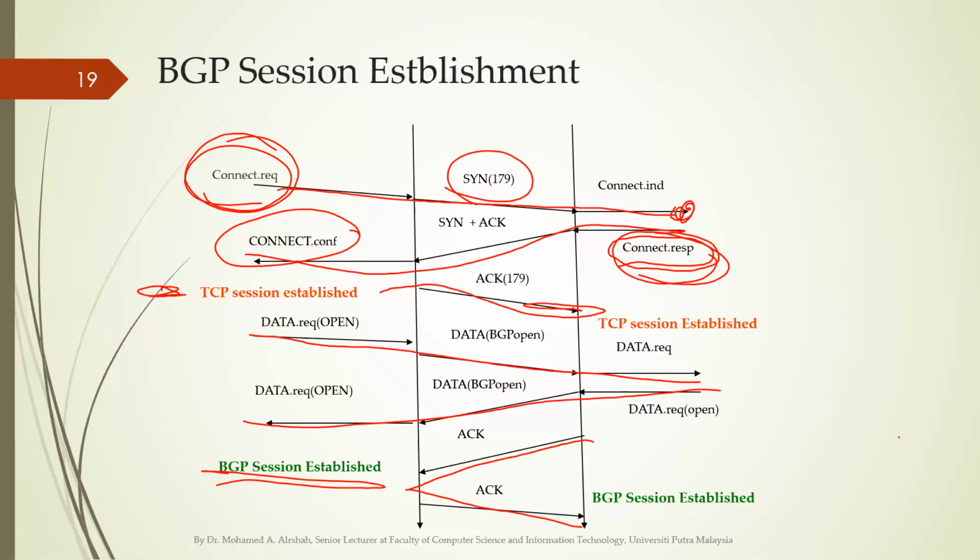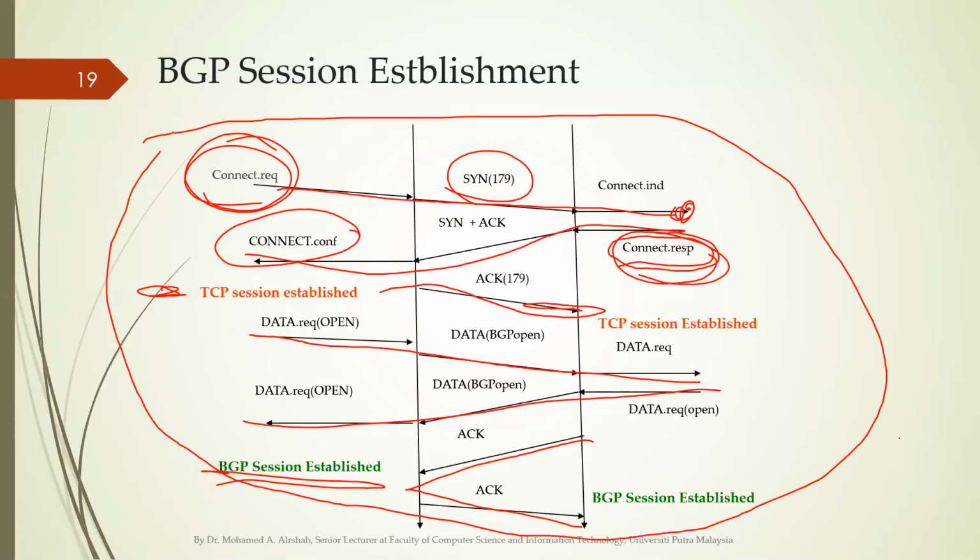This is what they call handshaking, protocol handshaking to establish the session, the TCP session, then after that the BGP session. Here we don't have to do anything with it. We have nothing to understand about it, only the way they communicate.